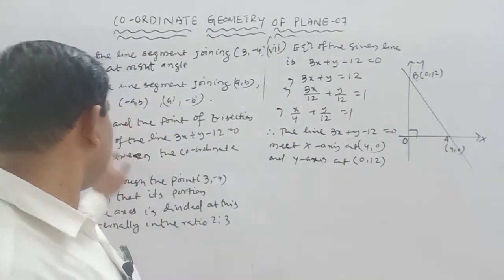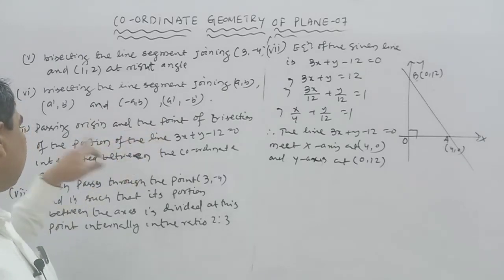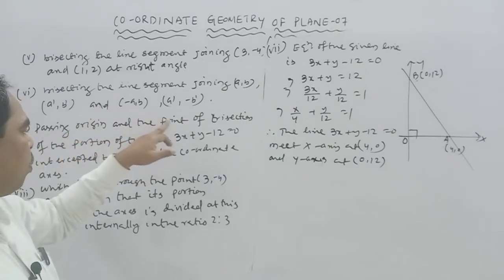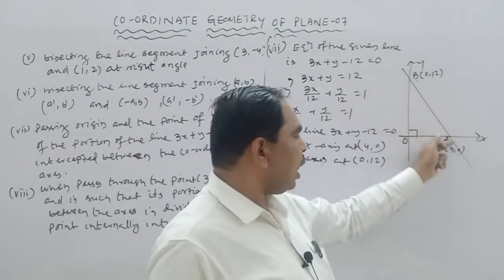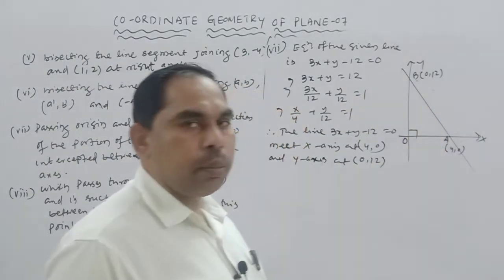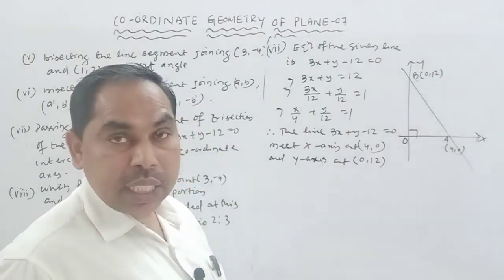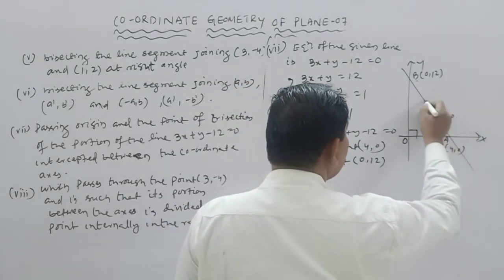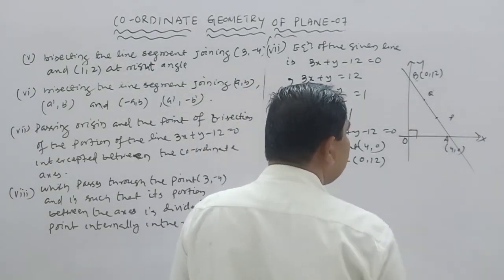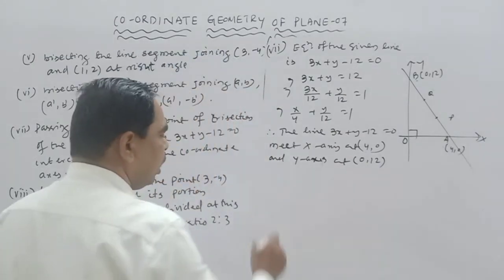Next, the line passes through the origin and the point of trisection of the portion of the line between the coordinate axes. It is divided into three equal parts, that means trisected. So this is point P and this one is point Q. P and Q trisect the line AB.